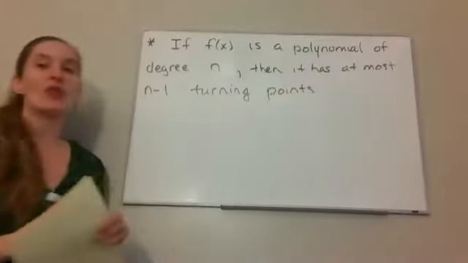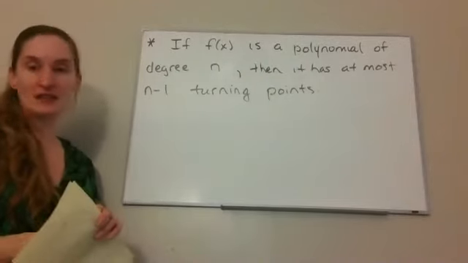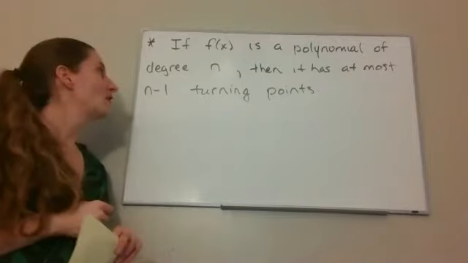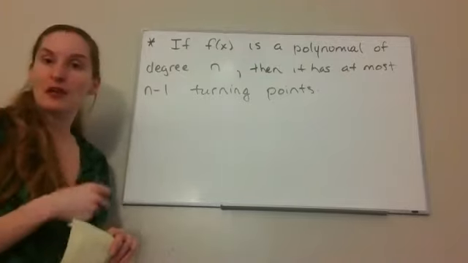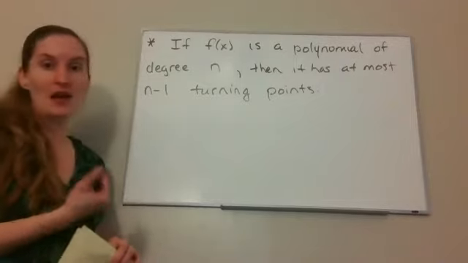So a turning point is just where the graph changes direction. It changes from increasing to decreasing or decreasing to increasing. So if you have a degree n polynomial, it can change direction up to n minus 1 times, not any more than that.